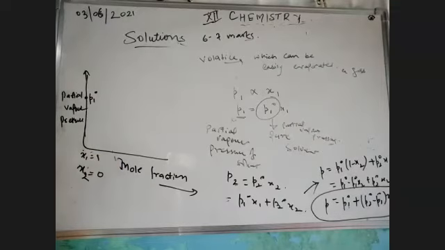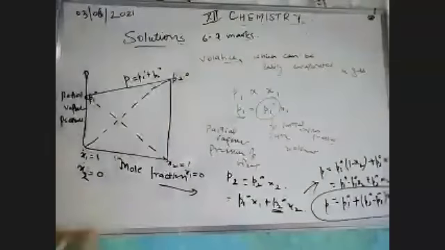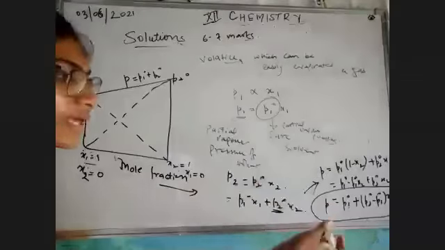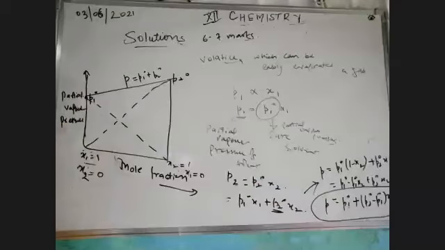If we are taking P2 naught, that means the partial vapor pressure when we have x1 and x2 equal to 1.